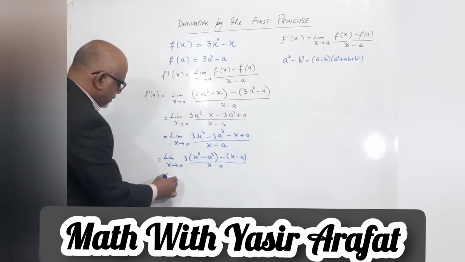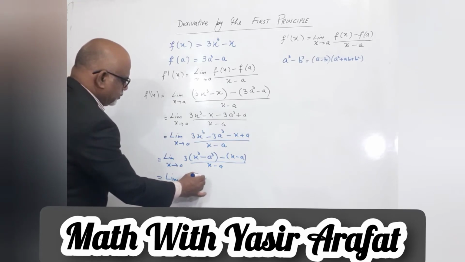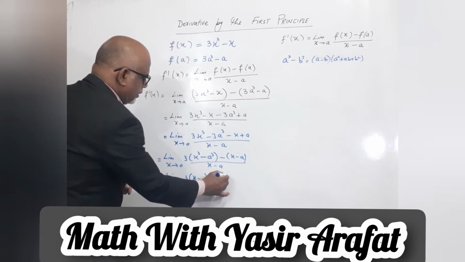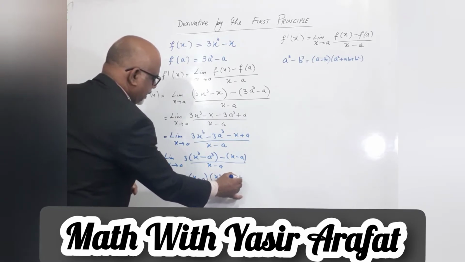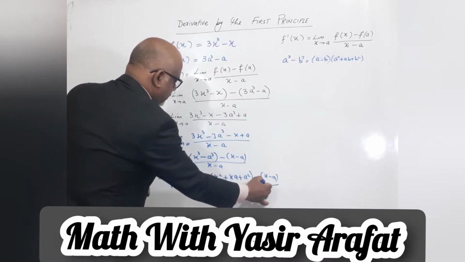So this is limit x tends to a, where a minus b means x minus a, times x square plus xa plus a square. Just apply the formula.